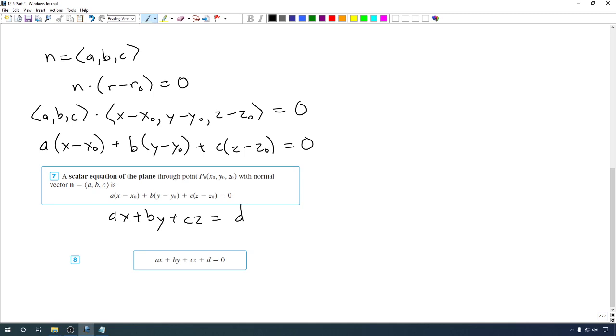But the main core feature of this is that we have these non-constant terms of ax plus by plus cz, where the a, b, and c come from a normal vector.